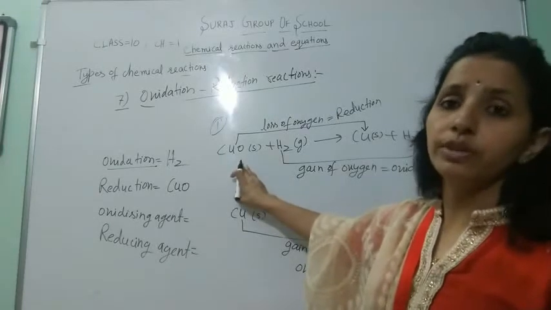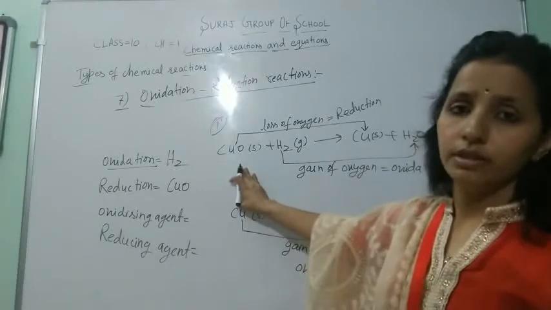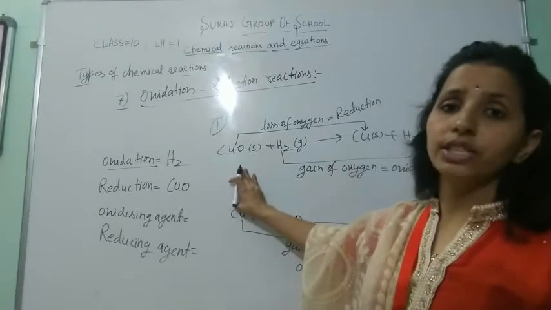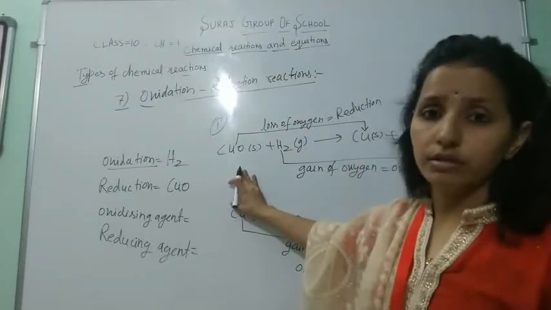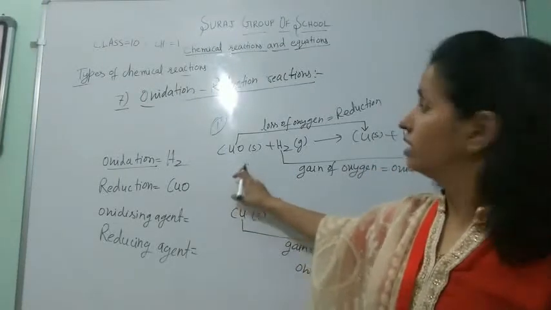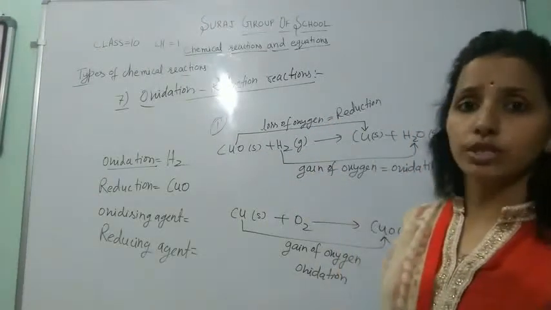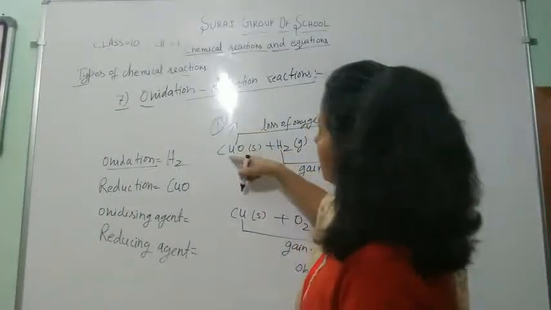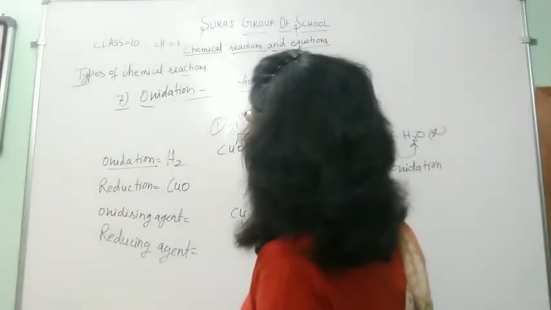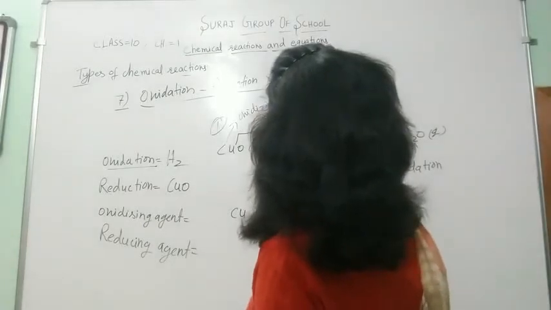The compound which gives oxygen to another compound or element, helping it take oxygen and losing itself, is known as the oxidizing agent. The compound which is reduced is known as the oxidizing agent. That's why copper oxide is known as the oxidizing agent.